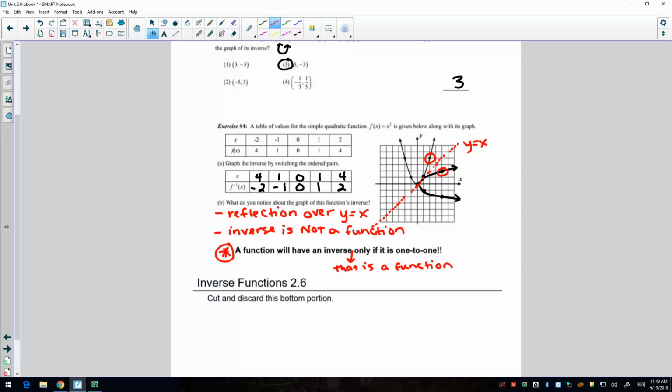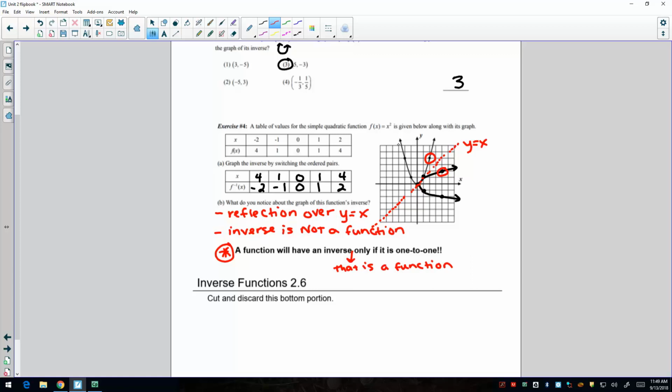So do you see how the original graph, y equals x squared, has an inverse? We graphed it. But what it doesn't have is an inverse that's a function.